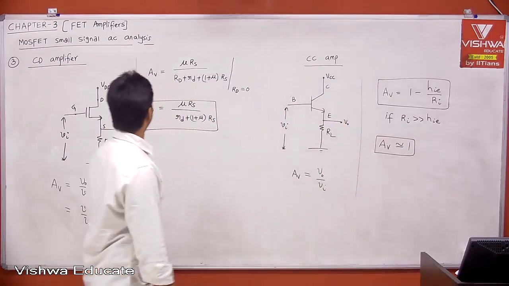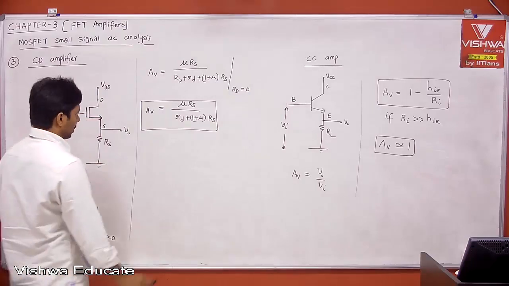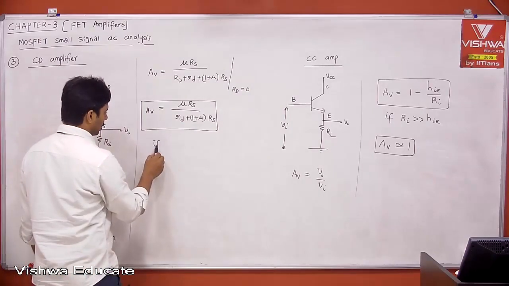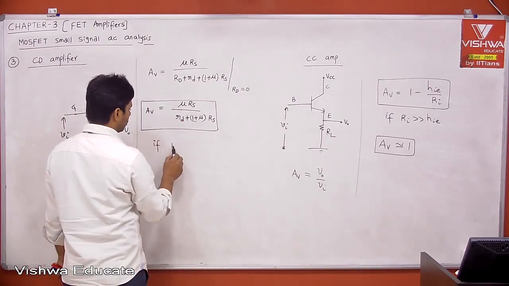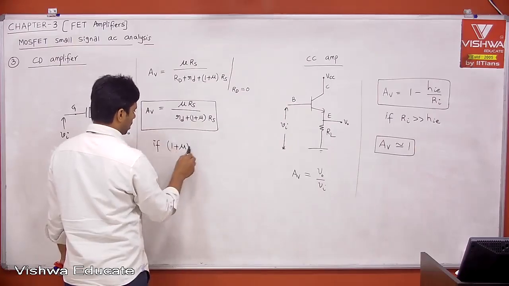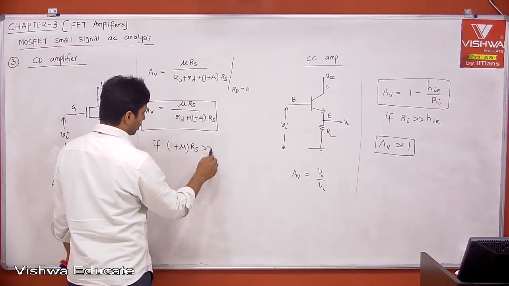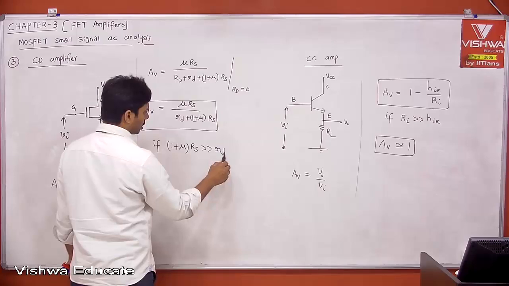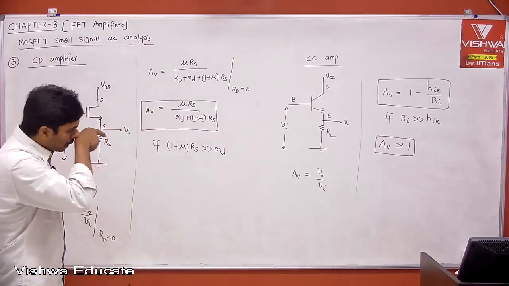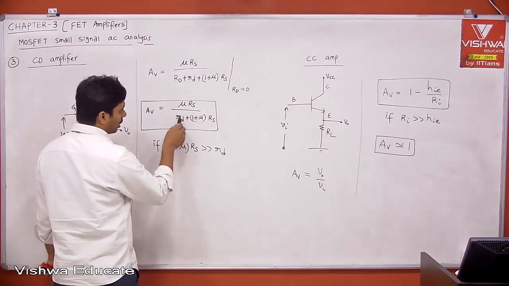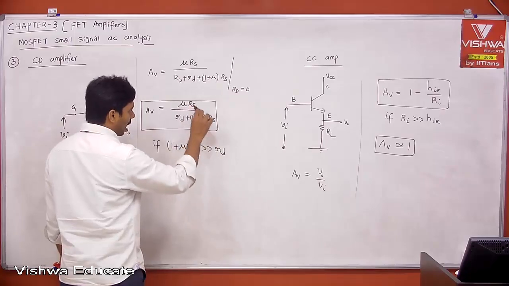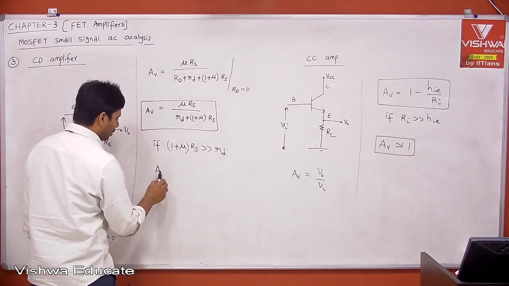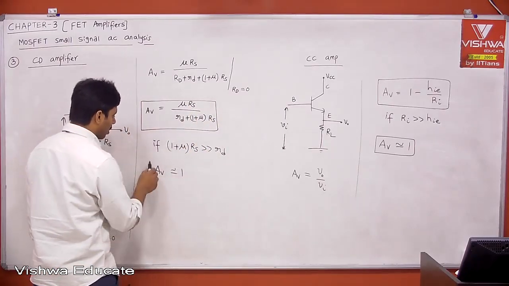Now coming to the similar condition: if 1 plus mu into RS is very much greater than small rd, which is typically true, then can I neglect small rd? Then mu into RS and 1 plus mu into RS will be almost cancelled. Then your AV is approximately equal to 1.